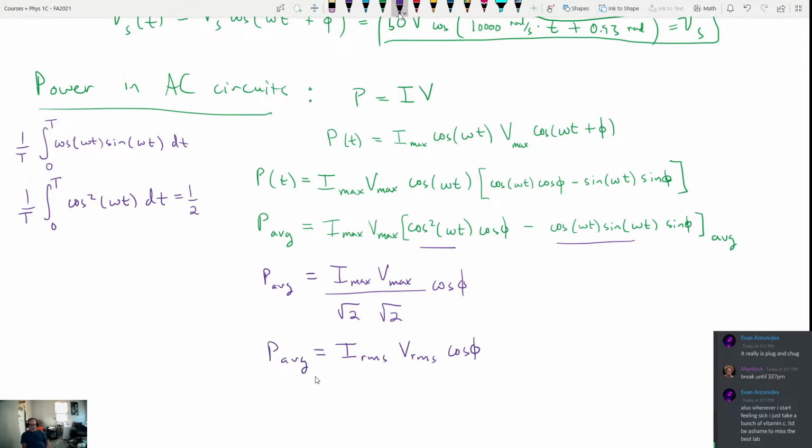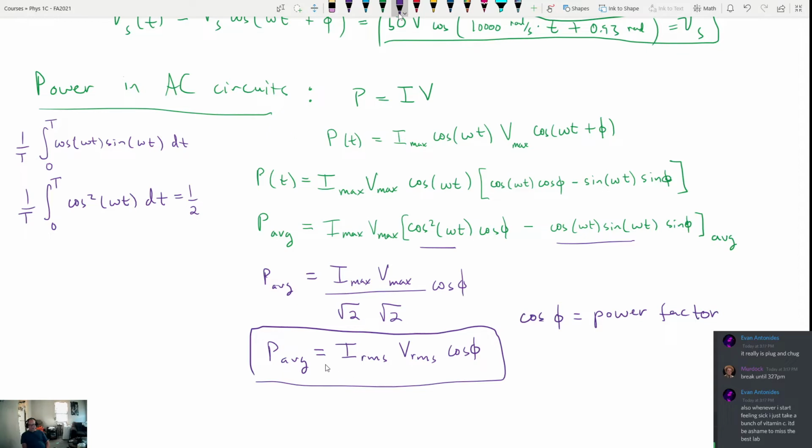So this is why cosine phi is referred to as the power factor. We call this the power factor, because unlike with DC circuits, where you just have I times V, with AC circuits you get I times V times this thing.